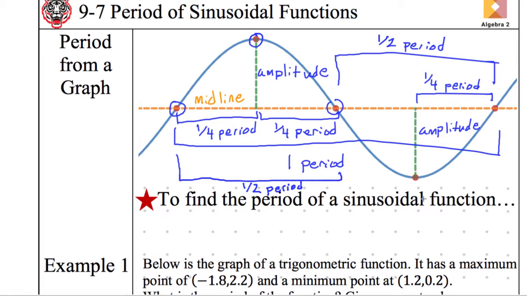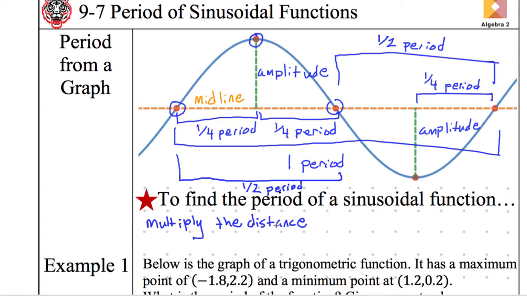All right, so finding the period of a sinusoidal function, so a cosine or a sine usually. To find the period, you're going to multiply the distance that you found.